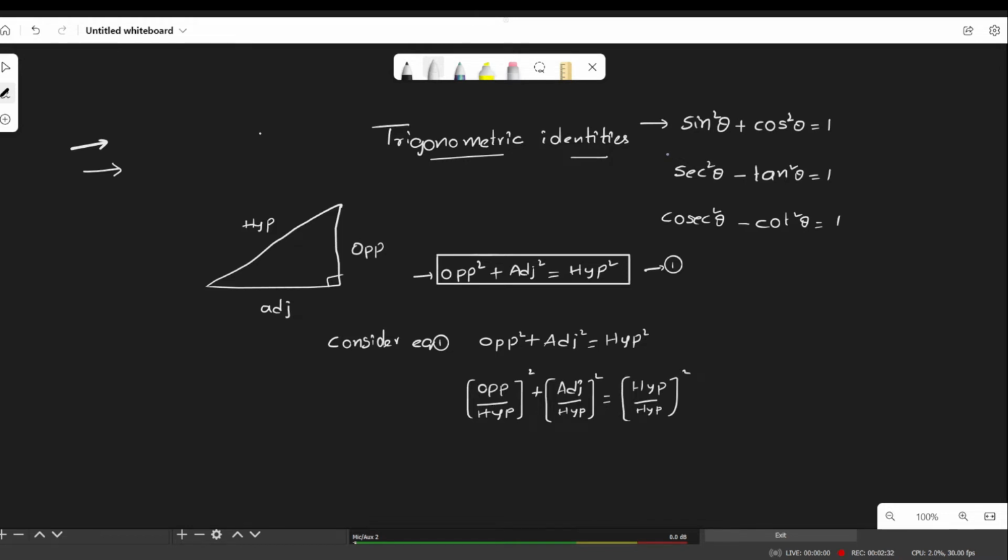Right? See, the first and the only thing which I have done is nothing but dividing the equation by hypotenuse on both sides. So therefore we'll end up with opposite by hypotenuse whole square plus adjacent by hypotenuse whole square is equal to hypotenuse by hypotenuse whole square. Observe the right hand side.